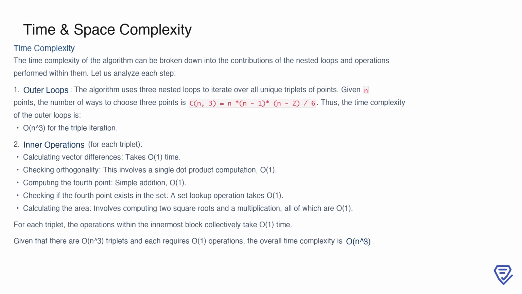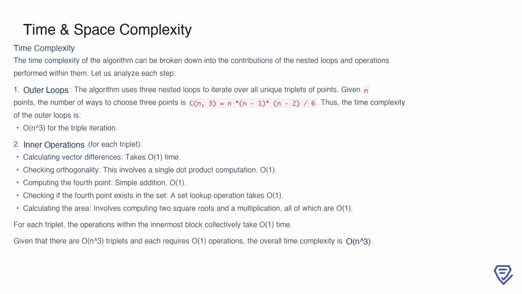Now, let's break down the time complexity of the algorithm step by step. The most significant factor comes from the 3 nested loops that iterate over all unique triplets of points. If we have n points, the number of ways to choose 3 points is given by the combination formula C(n, 3), which simplifies to n(n-1)(n-2)/6. This results in a time complexity of O(n³) for the outer loops.